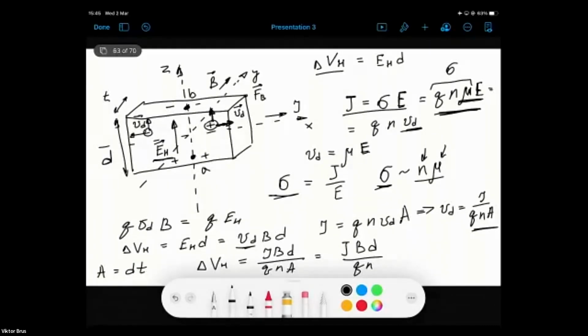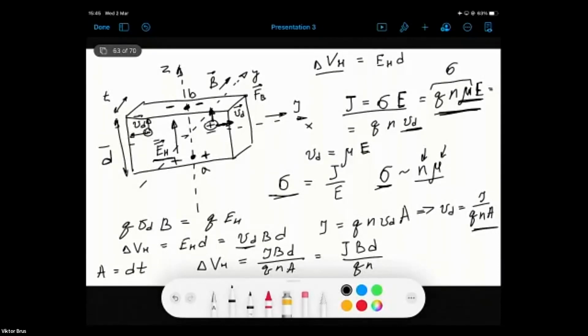Because, for instance, if we consider electrons, we will have a negative charge accumulated next to point B and positive space charge accumulated next to point A. In the contrary, if we have positive charge mobile, that will be opposite.